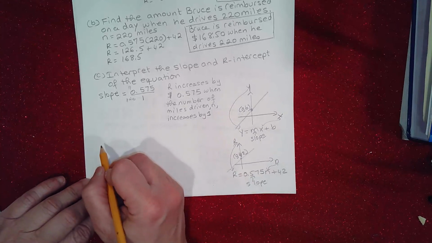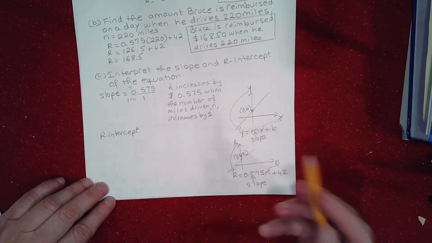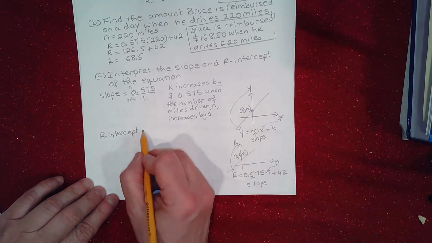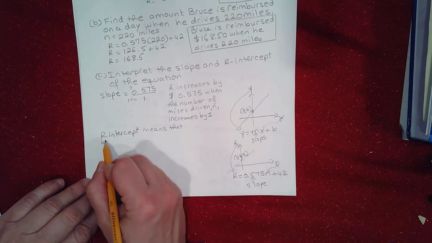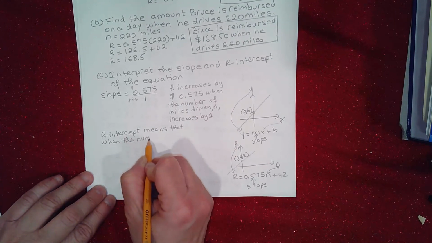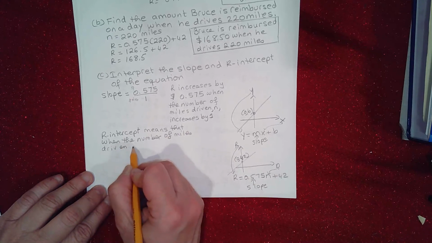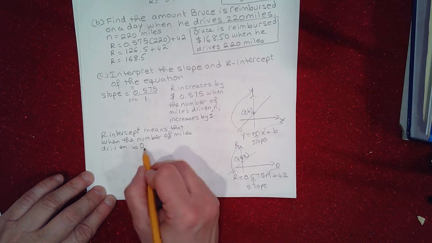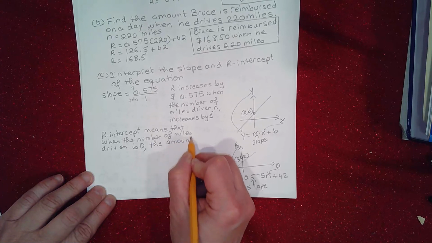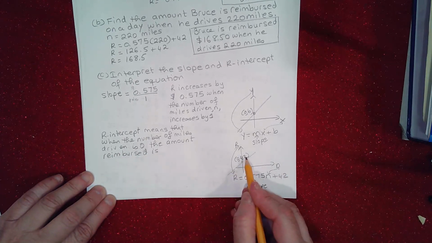Now let's go ahead and talk about the r-intercept. The r-intercept here means that when the number of miles driven is 0, so that point here, (0, 42), the amount reimbursed is $42.